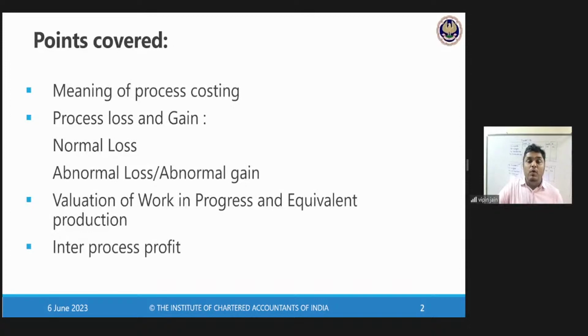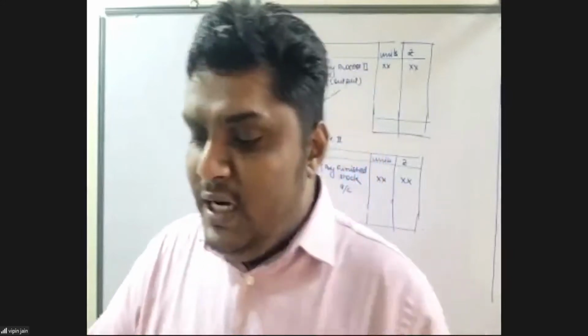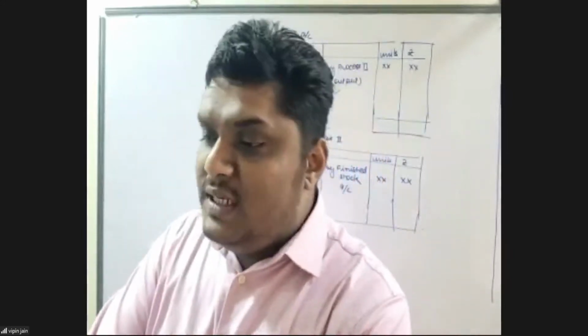Thereafter, how to value work in progress and equivalent production. And thereafter, we'll be discussing a question on inter-process profit. This is all we'll be discussing in this chapter. So before starting, let's discuss a basic question wherein we'll be preparing the basic process account.